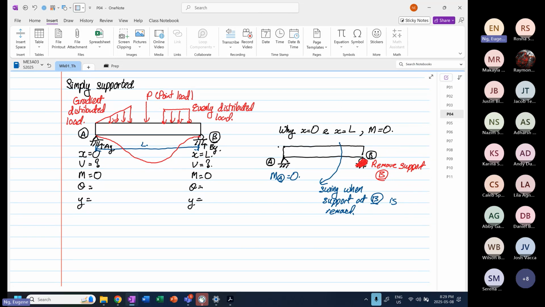Now, the next thing I want to define is what do we mean by slope? What is theta?